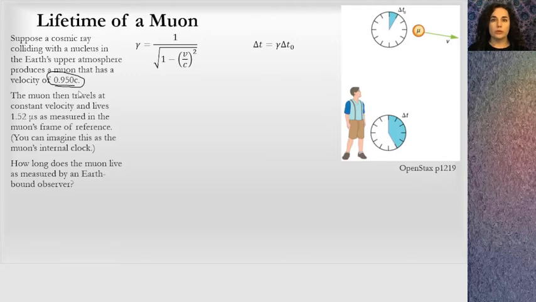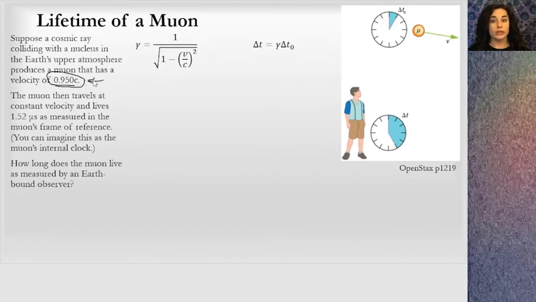Because we are working with relativistic effects, we need large velocities, anything larger than 5 to 10% of the speed of light. So that's our speed here, and it's in terms of c.